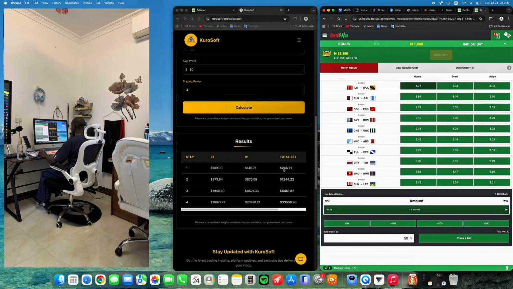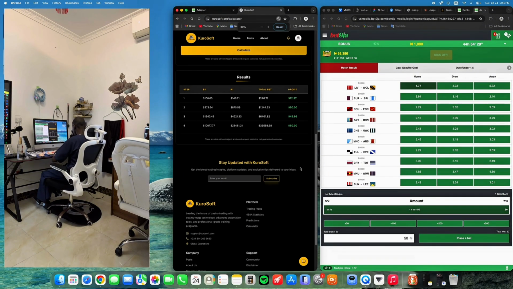Let me zoom out. It will give you equal profit as this here, not just when the O makes a win. So I'm going to make that adjustment, hopefully tonight.